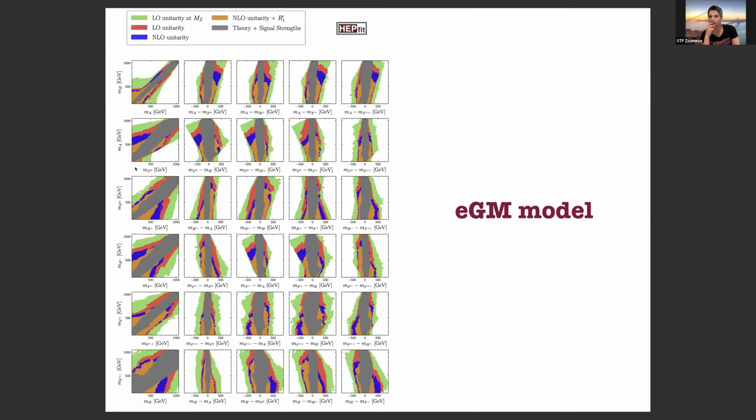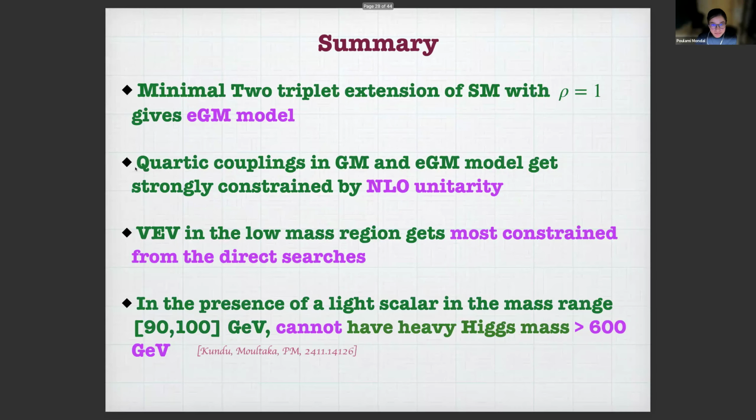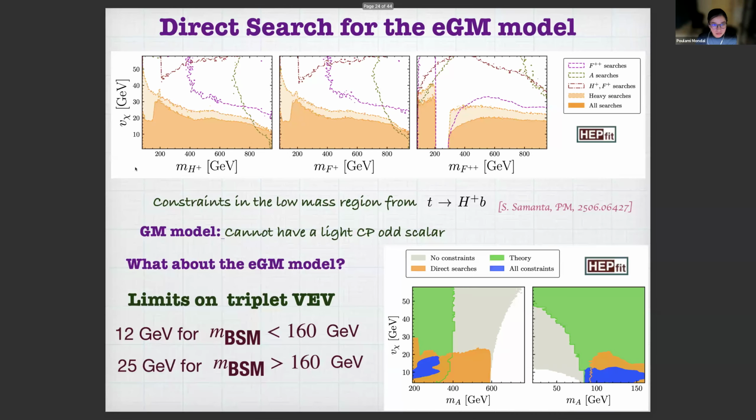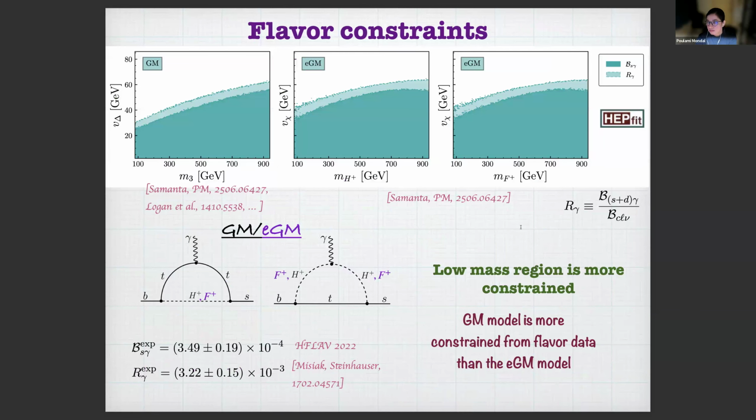Is that right? Yes. So this is the constraint coming from the B physics observables. But when you look into lepton flavor violating processes, there you do not see much constraint because in Higgs triplet models your neutrino mass can be written in terms of the Yukawa coupling times the VEV.